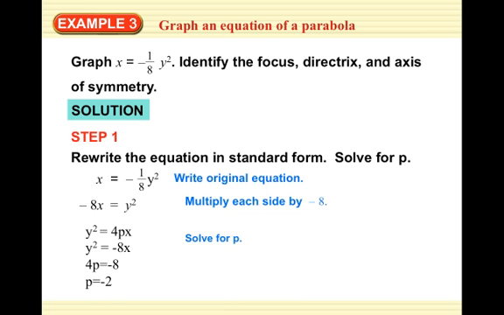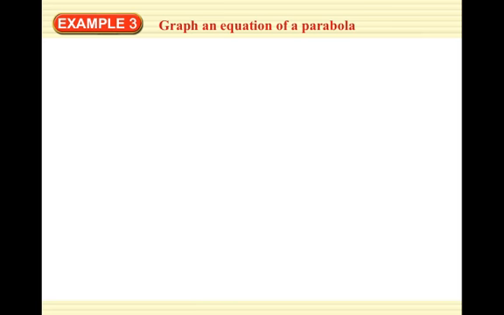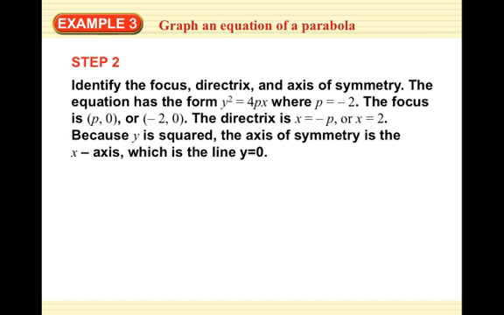Okay, so we're going to identify the focus, directrix, and axis of symmetry. The equation has the form y squared equals 4px, which means we have a horizontal parabola. So that means the focus is at (p, 0). For this particular parabola, it's at (2, 0).